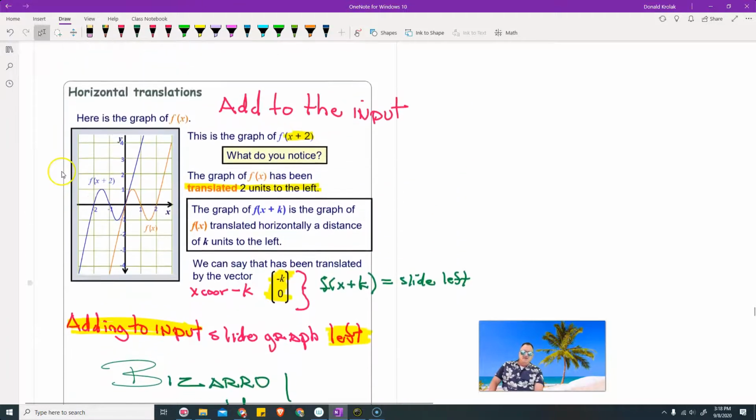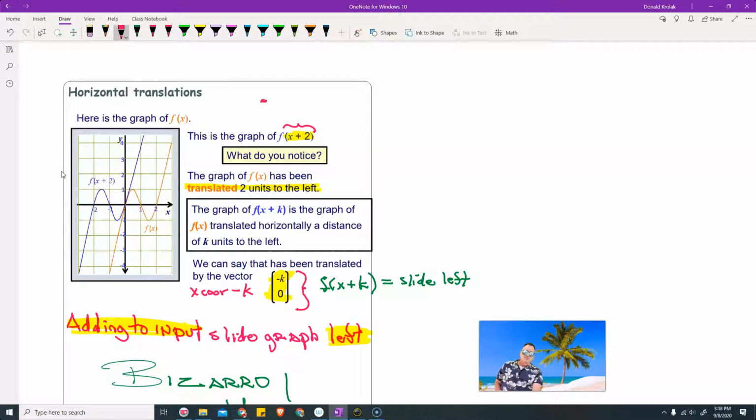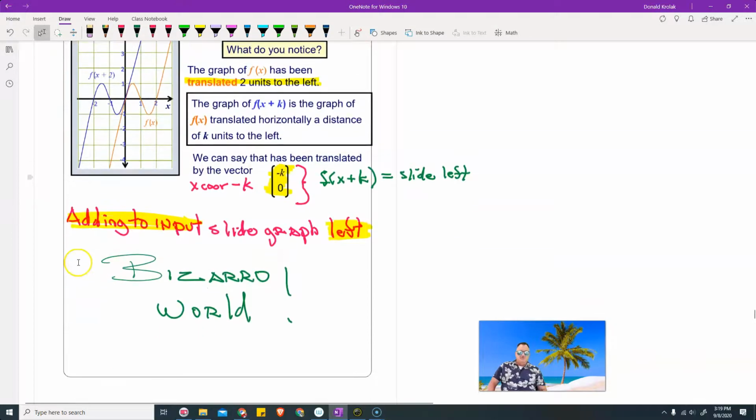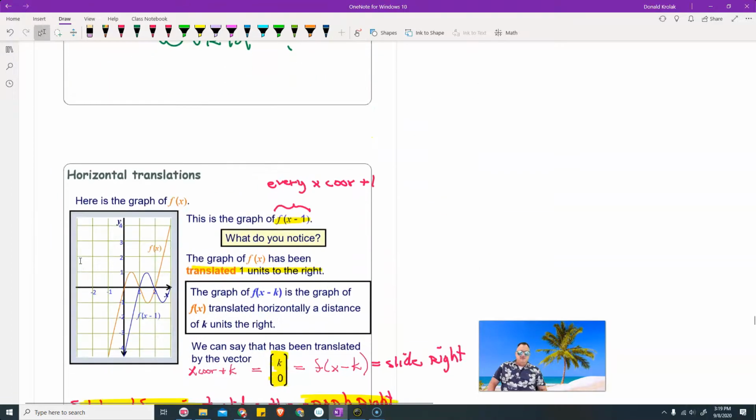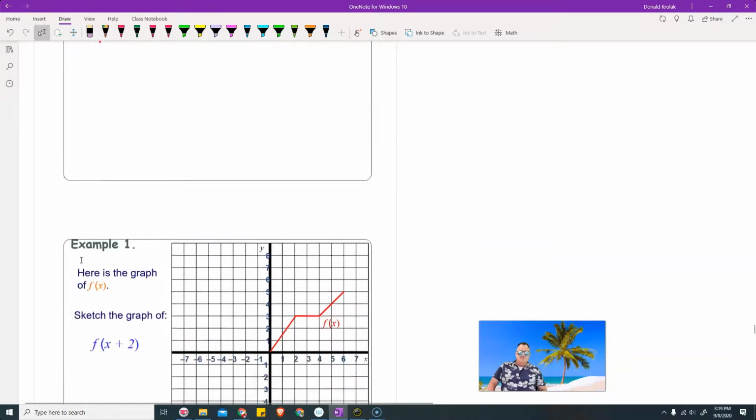When I see this, now what I'm going to do is take every x-coordinate and subtract 2. And the y-coordinates stay the same. So bizarro world also a lot of times confuses folks a little bit.